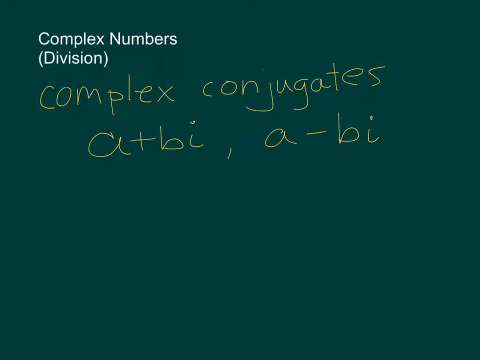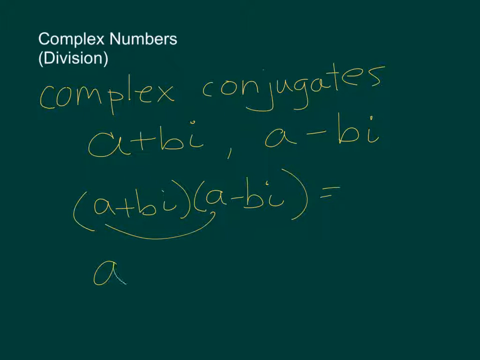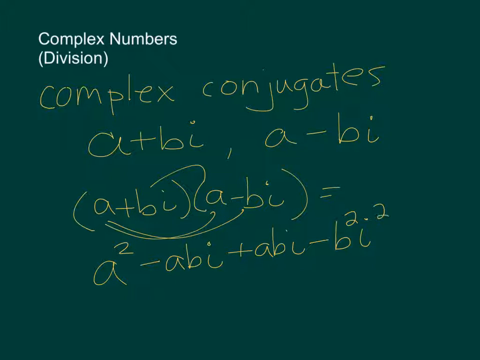And when we multiply these two things together, nice things happen for us. So if I multiply these, we're going to get a squared minus abi plus abi and minus b squared i squared.